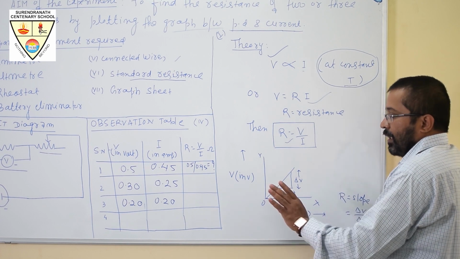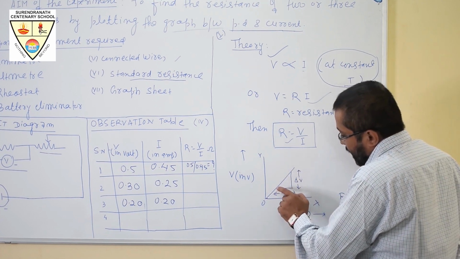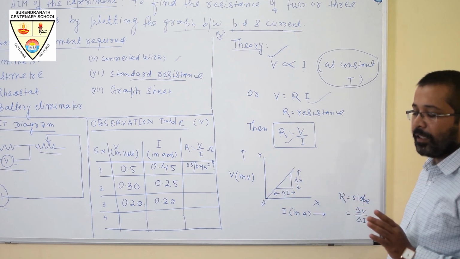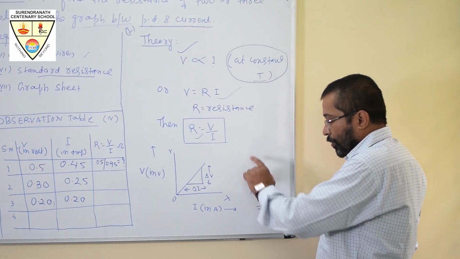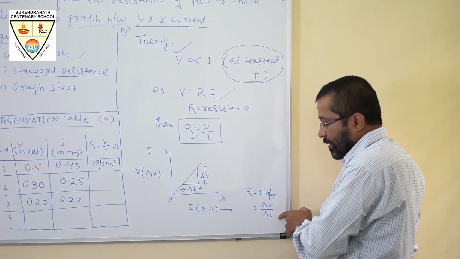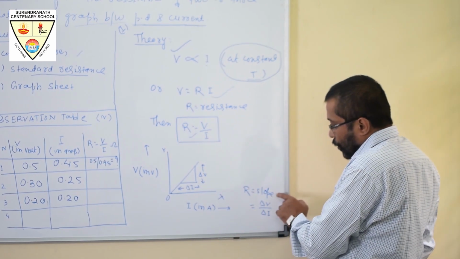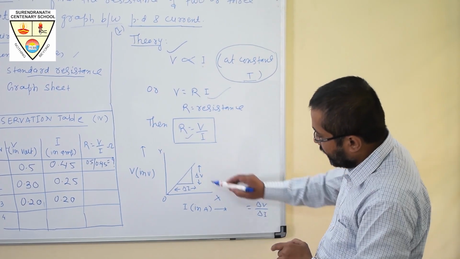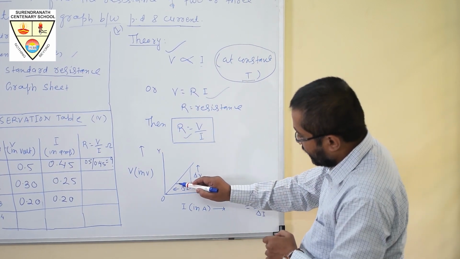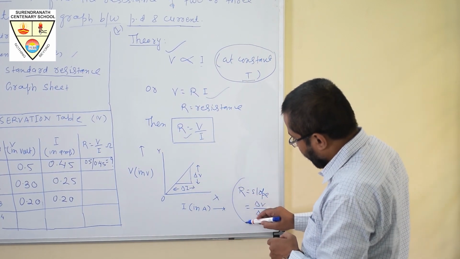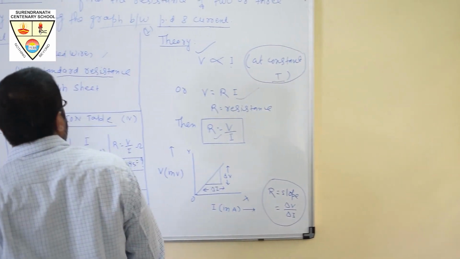So don't worry, these are incorrect readings. You connect all the points that make a straight line. By taking the slope of that straight line, you will find the resistance. And how will you find the slope? As you know, slope equals perpendicular, this line, upon base, this line. With this slope, you can calculate the resistance.